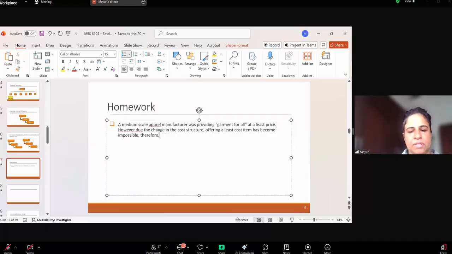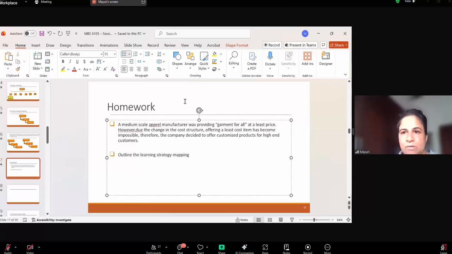Therefore, the company decided to offer customized products for end customers, right? Outline the learning strategy map. Okay, right. So do this as homework.